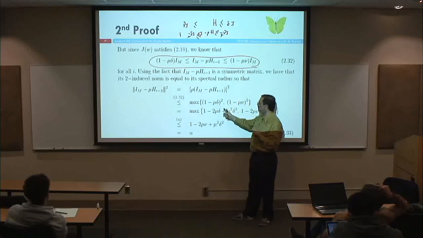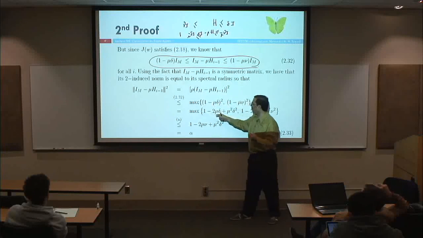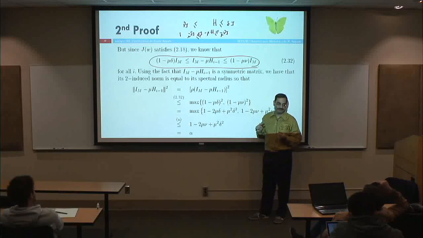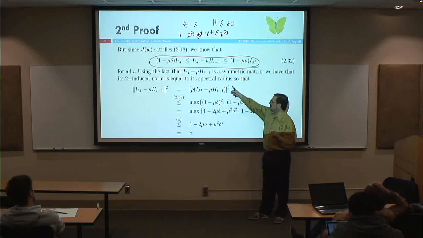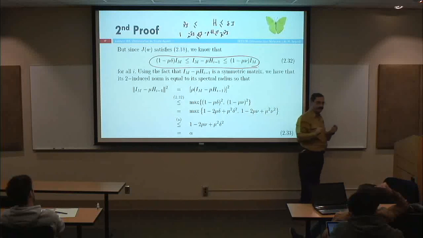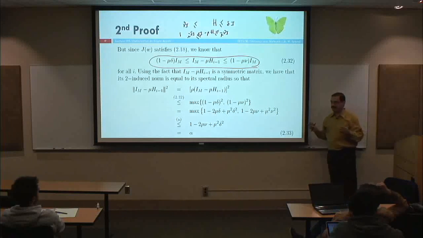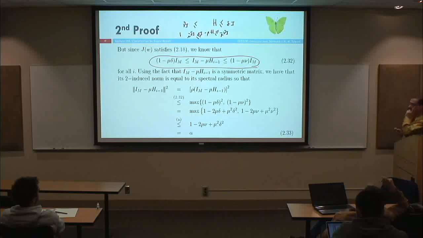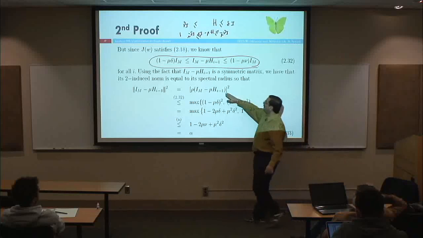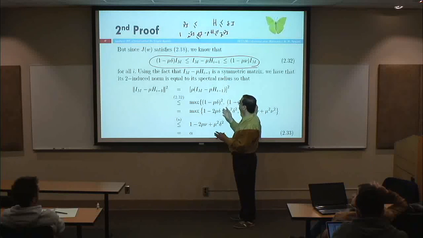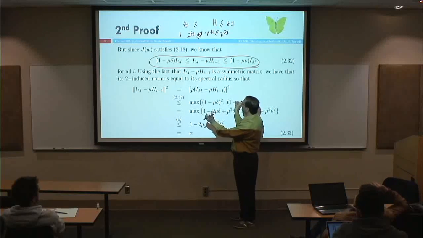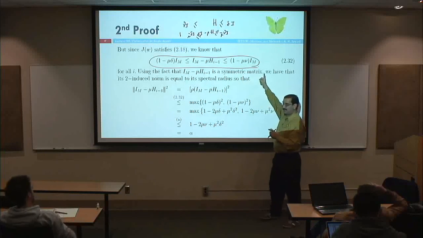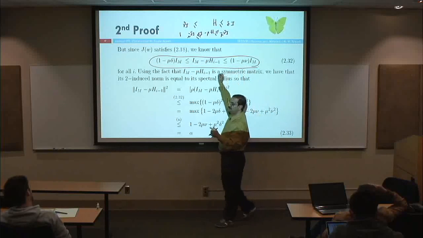So that's why the spectral radius of this is the maximum between these two numbers, which are the bounds, and then the square. Fine? Understood so far? This matrix, I minus mu H, its eigenvalues lie between these two bounds.